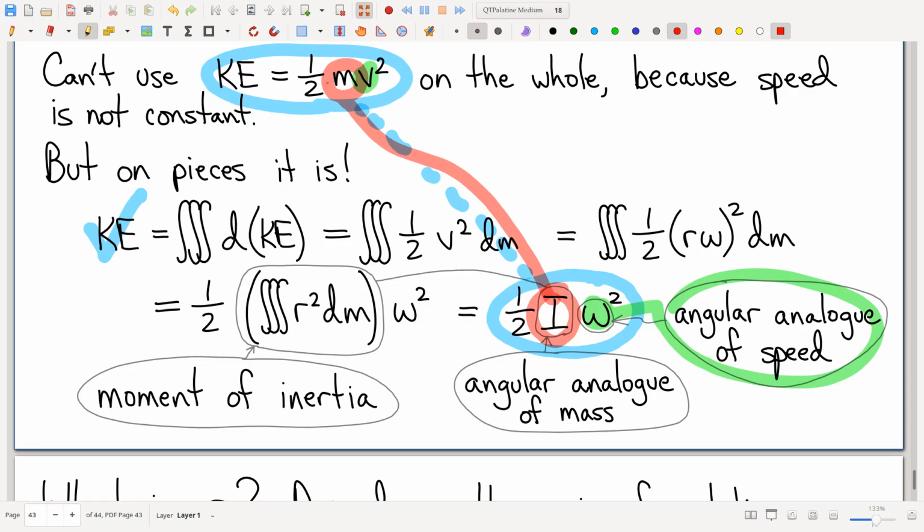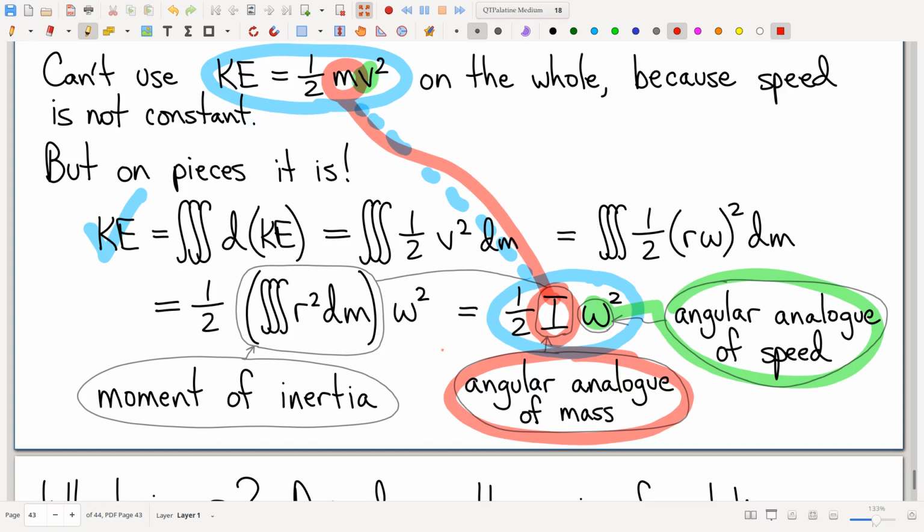It's an angular analog of mass. And I think this is a fantastic way to think about this object that we're about to give a name and an expression for. It's playing the role that mass played in the above formula. So, angular analog of mass.